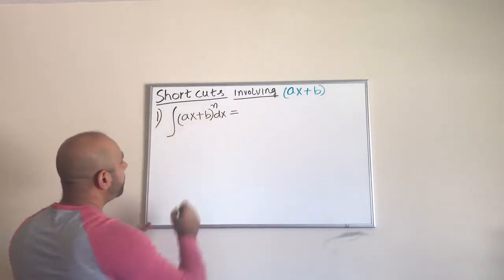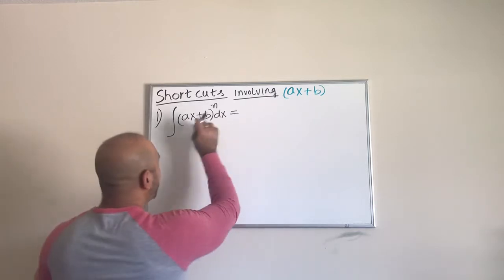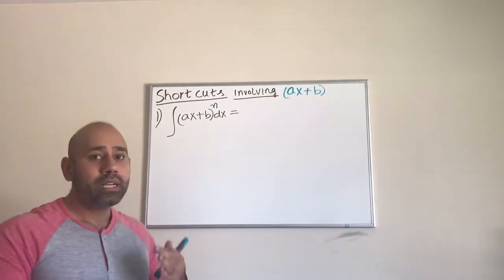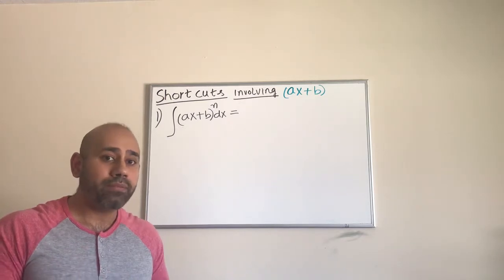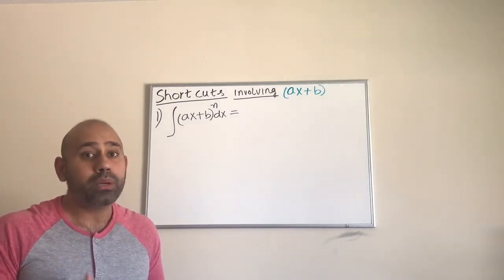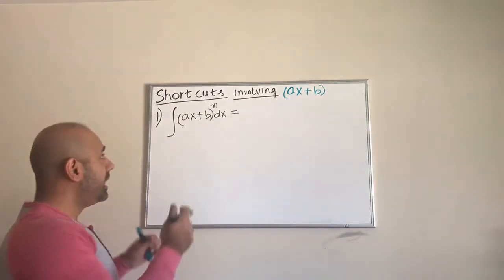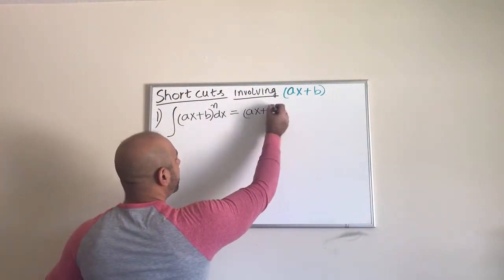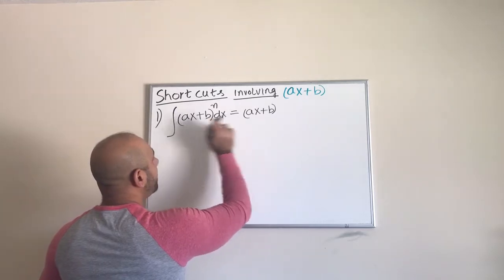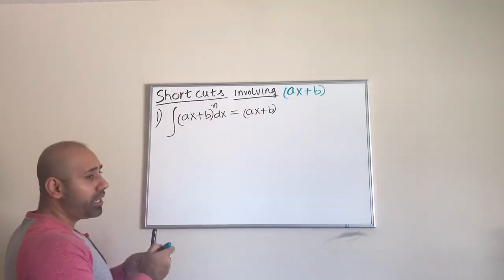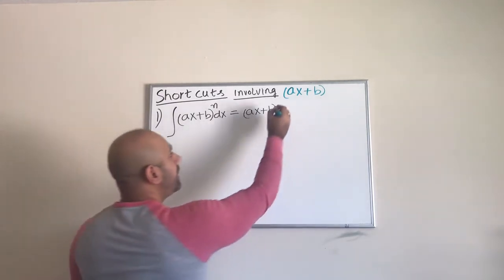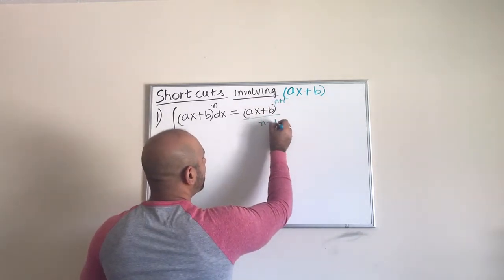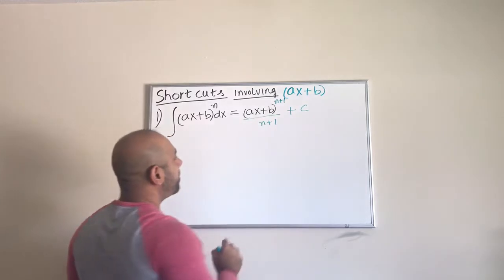The shortcut for doing this is to treat it like x to the power n. If it was x to the power n, we would use the power rule: you rewrite the ax plus b and raise it to the power n plus 1, and we do the same thing in the denominator, n plus 1. Of course, there's a plus c, the constant of integration.